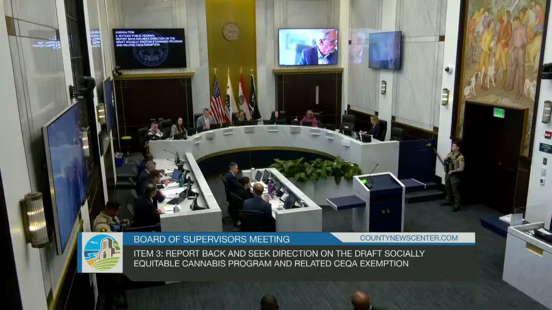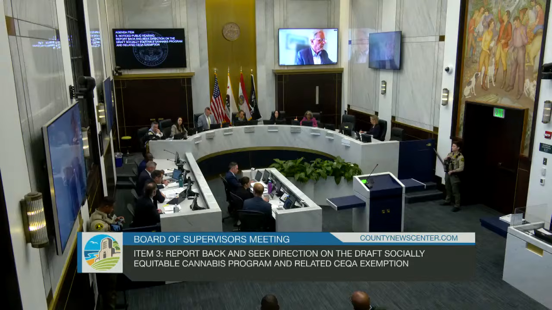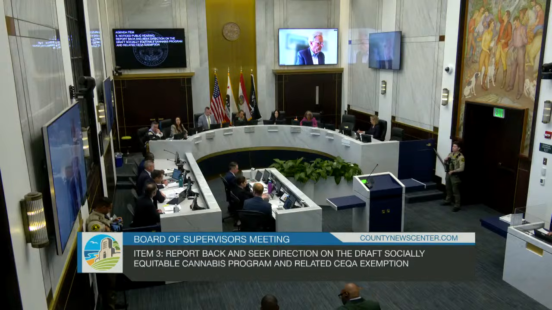Supervisor Aguirre, through the chair. When we analyzed the increase in the number of sensitive receptors and buffers and separation between uses found in options B and C, it overall reduced the availability of parcels and acreages by around half, unincorporated area-wide.